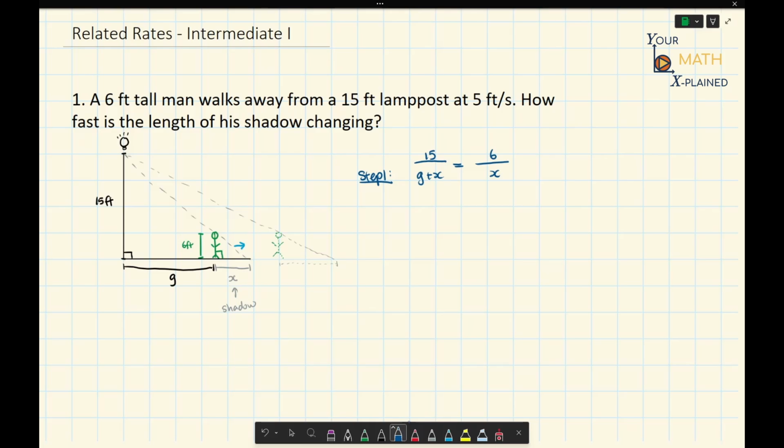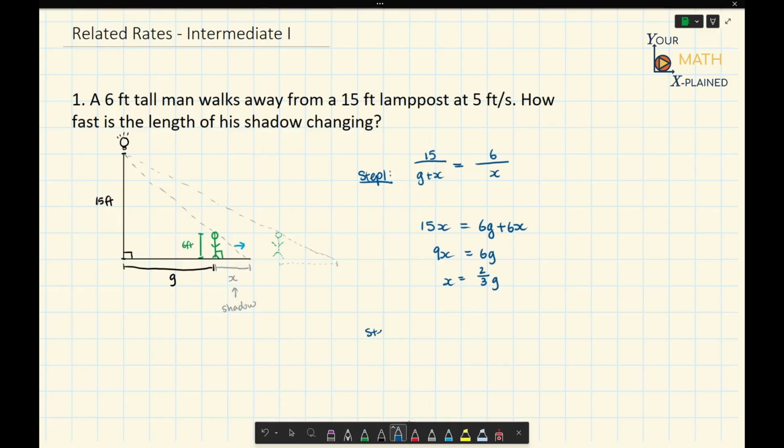We're just going to simplify this a little bit before we move on to step 2. So we get 15x is equal to 6g plus 6x, which means 9x is equal to 6g. And we might as well isolate x because that's eventually what we want to find. So we get x is equal to 2 over 3 g.